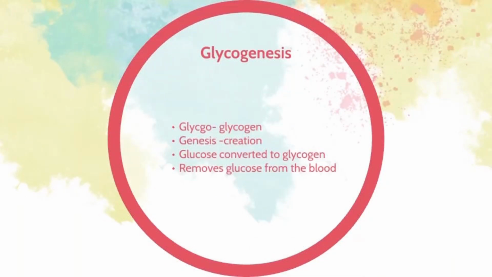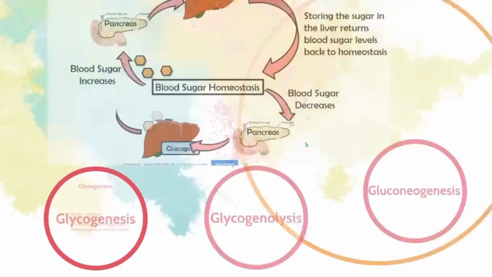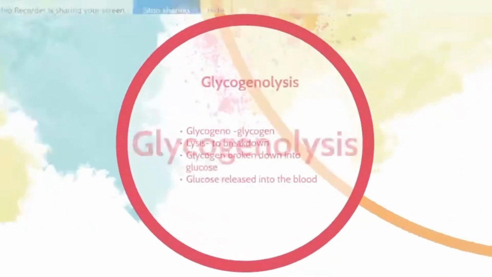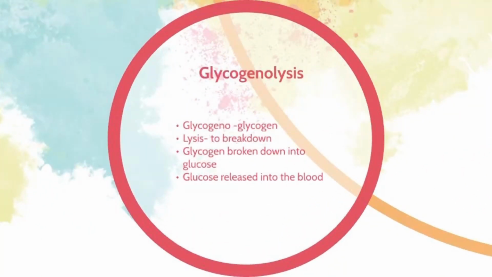Then we have another type of conversion which is called glycogenolysis. Again, we've got glyco there, so that means it's involving glycogen, and this word has lysis in it, so that means that something is being broken down. So this word means glycogen is being broken down to produce glucose molecules.